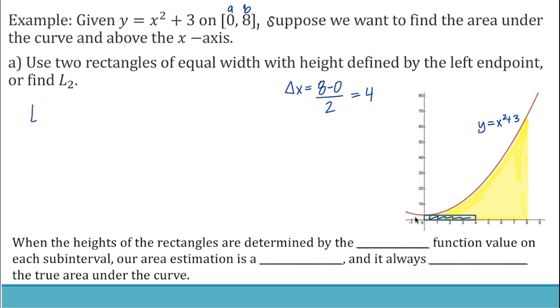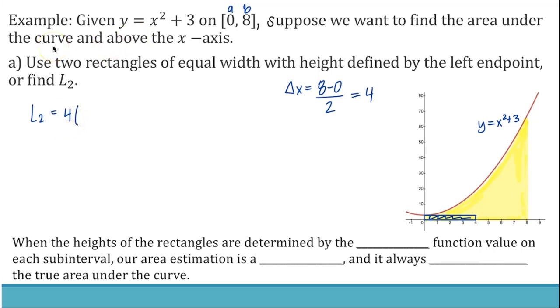So L2 so far is going to be 4, the width, times the height. Well, the height, we sketch the rectangle, but we can't really see exactly what that value is from the graph of the y value at 0. So how am I going to get that height? Well, I have the equation x squared plus 3. So I would plug 0 into the function. So we're going to calculate y of 0.